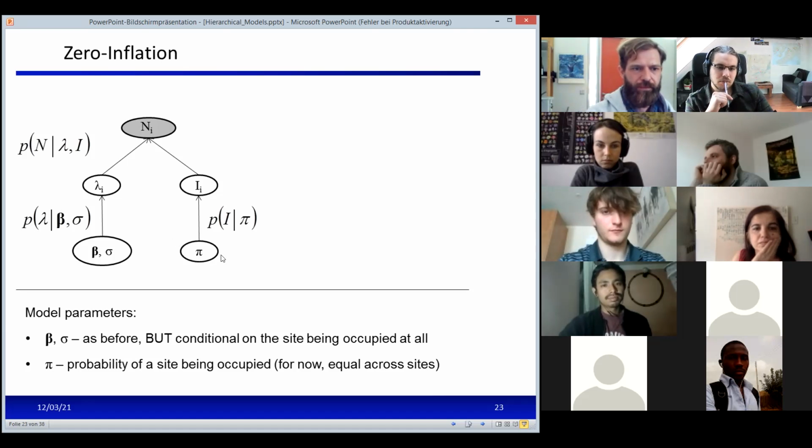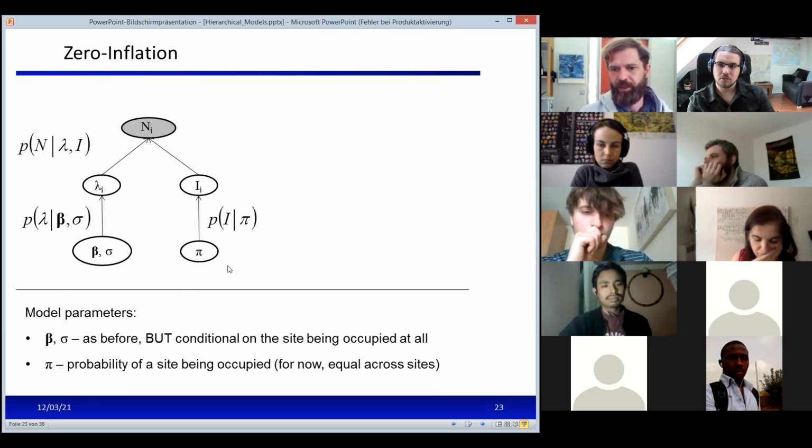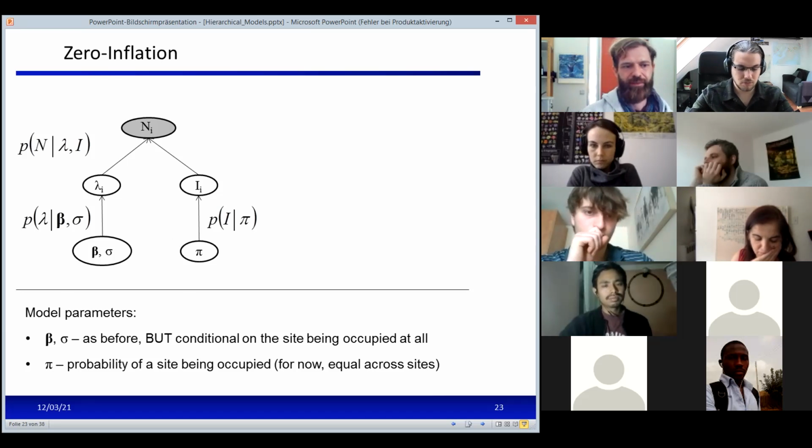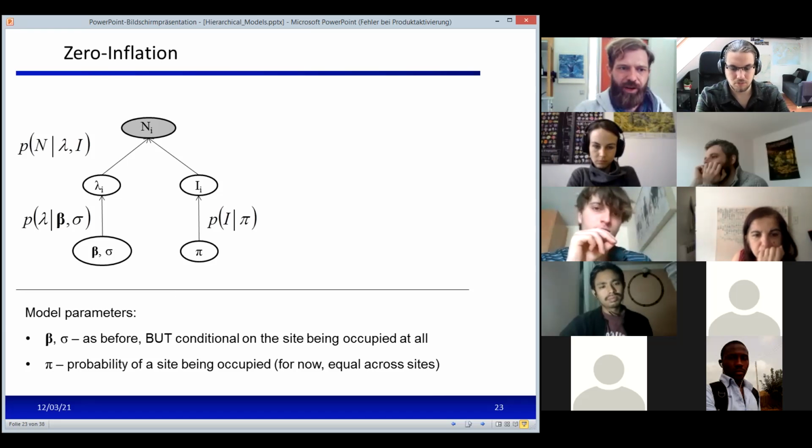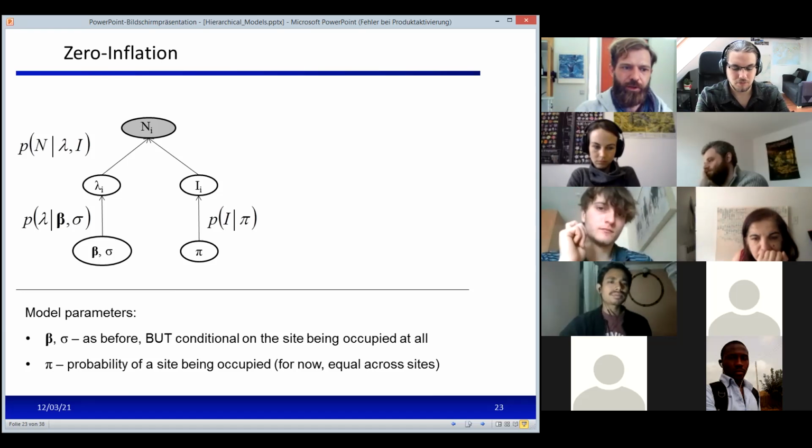And then this indicator variable describes variation across sites by a simple binomial model with a certain probability p. So we extend our model by this separate process describing just overall occupancy.